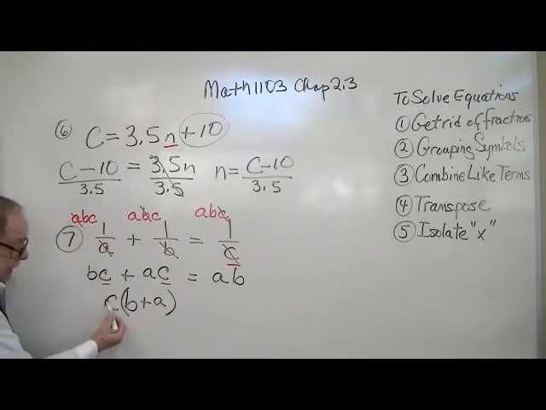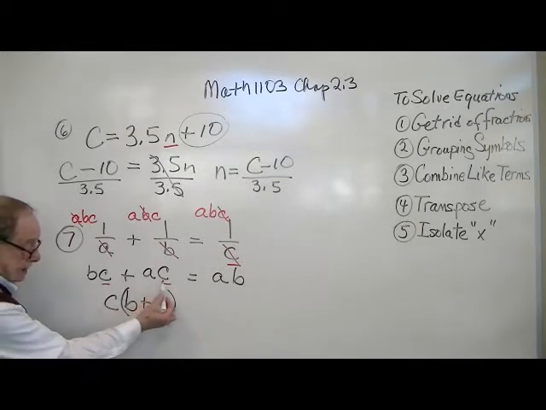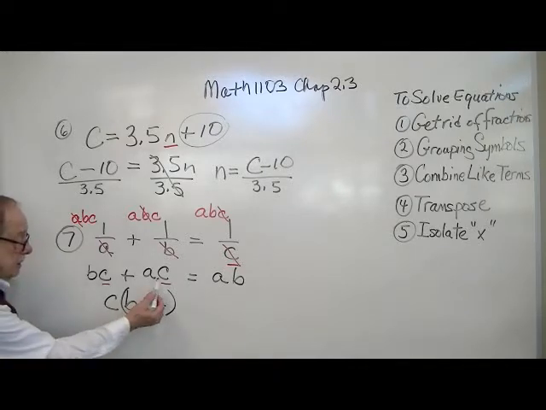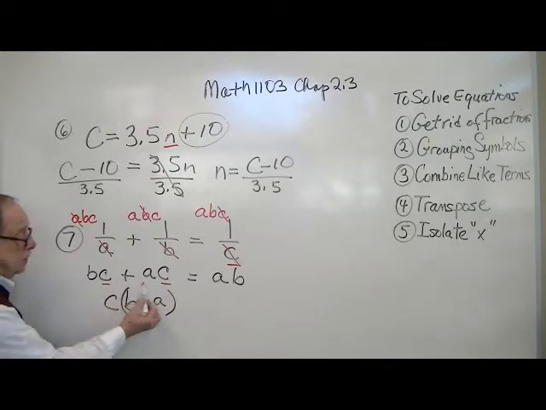So before we had this type of thing in Chapter 1, C times B is CB or BC, and C times A is AC or CA. But now we want to take the C out of two terms. And we do that through a process that's called factoring.